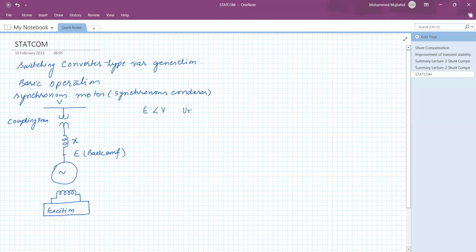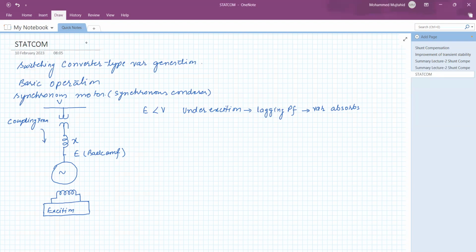So under excitation, the power factor is lagging, and under lagging power factor, the VAR is absorbed. It is going to absorb the reactive power, so the reactive power flows in this direction.